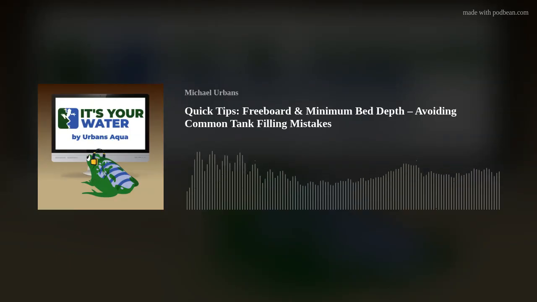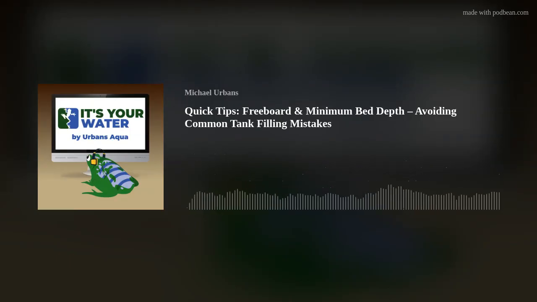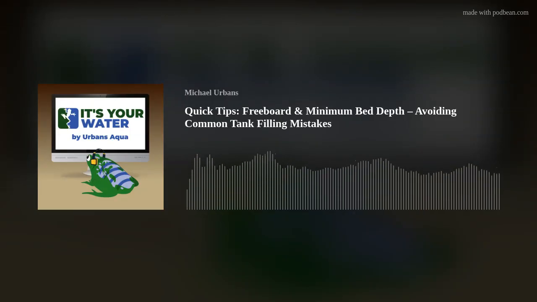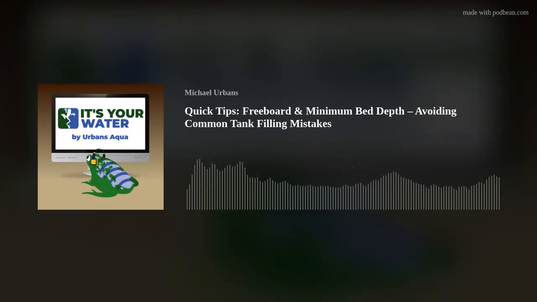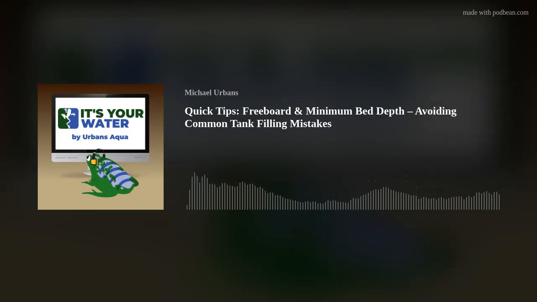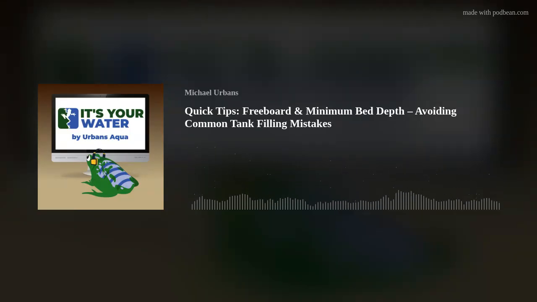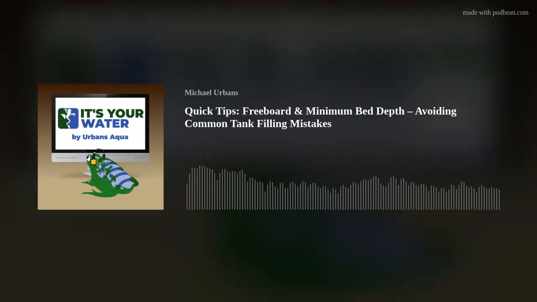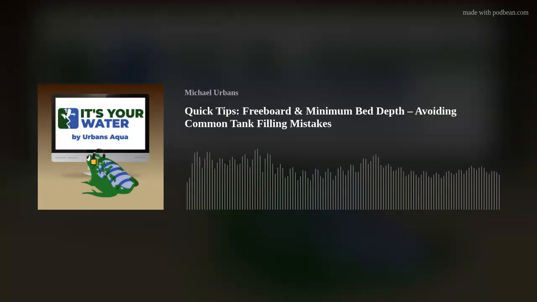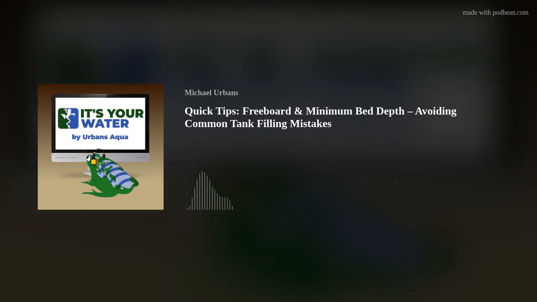It's fairly easy, but I kind of default back to the definition of what is freeboard. The freeboard is the distance between the top of the media and the top of your tank. So it's the free airspace, or free water space, that allows the bed to expand up during backwash. That's why it's so critical to get the distance right.